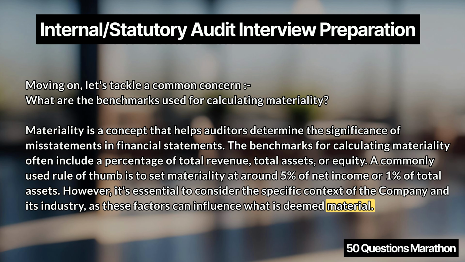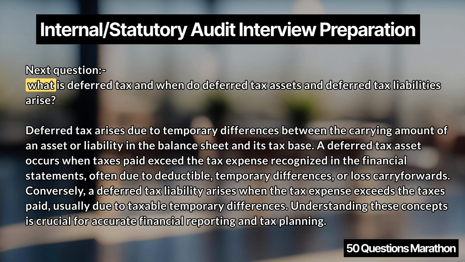Next question, what is deferred tax, and when do deferred tax assets and deferred tax liabilities arise? Deferred tax arises due to temporary differences between the carrying amount of an asset or liability in the balance sheet and its tax base.